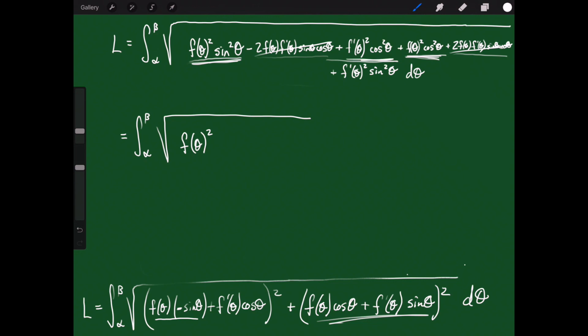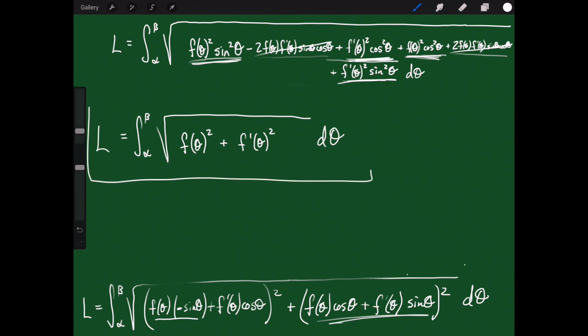And then this guy, f prime of theta squared cosine squared theta plus f prime of theta squared sine squared theta is just f prime of theta squared d theta. And this is my arc length formula for polar.